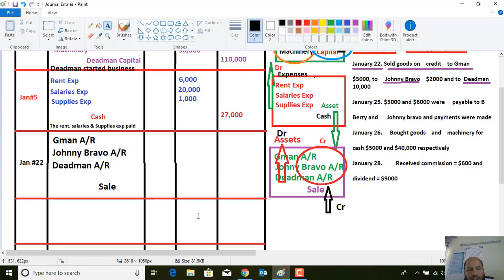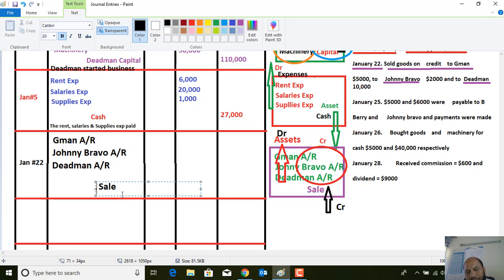And sale is a revenue or income account, and we will record an increase in income and an increase in revenue at the credit side according to the rules of accounting. So let's record the amount of this transaction.